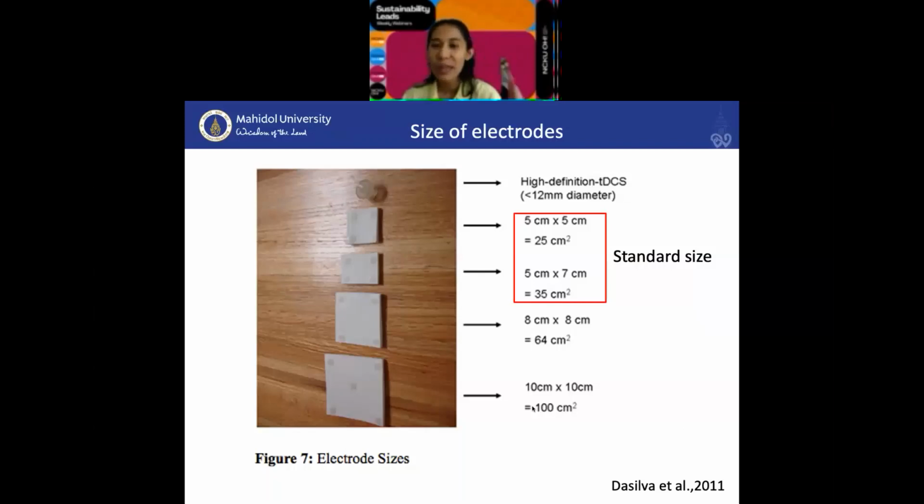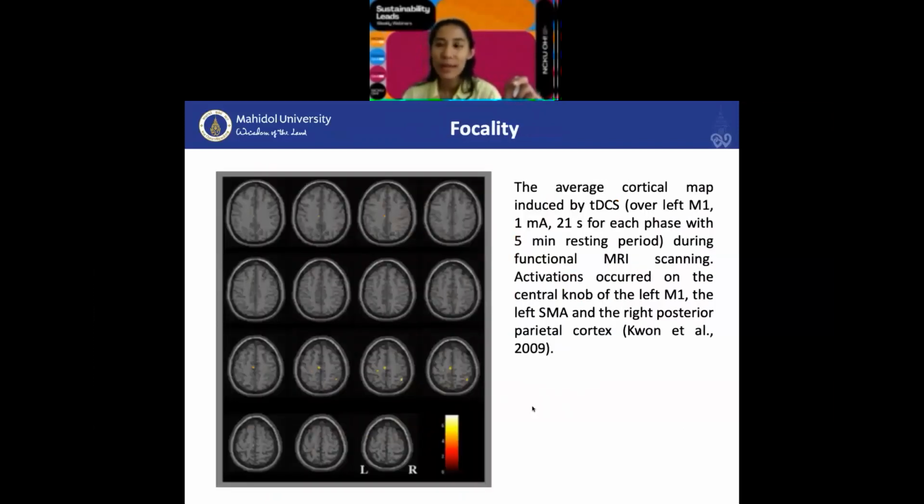The size of the electrode also impacts your results. I will tell you why later. And then there is focality. Someone may know that tDCS is not focal at all. It's a disadvantage of this stimulation.